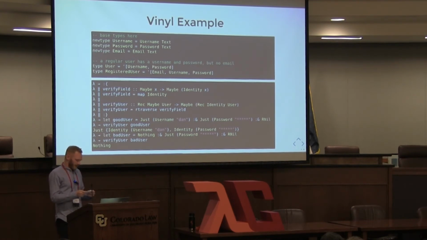So to verify a single field, I'm going to take a maybe and wrap it in maybe of identity. And we're going to pass this function through our traversal, and we're going to traverse over all the fields in our user, and then we'll spit out either a user or some failure, where our failure will just be nothing because we're not doing anything complicated here.